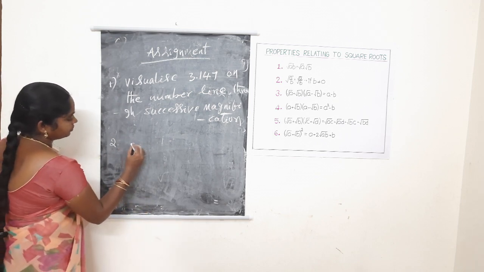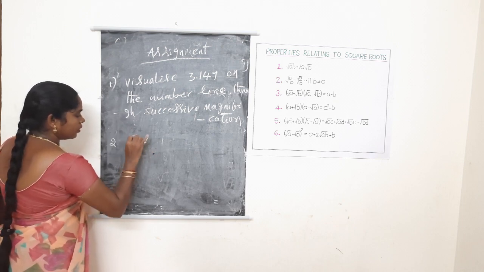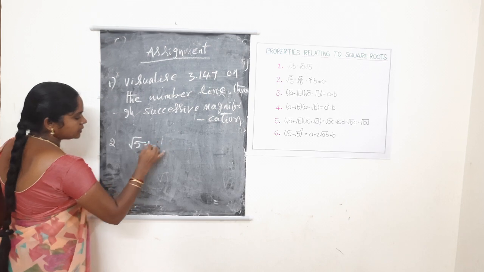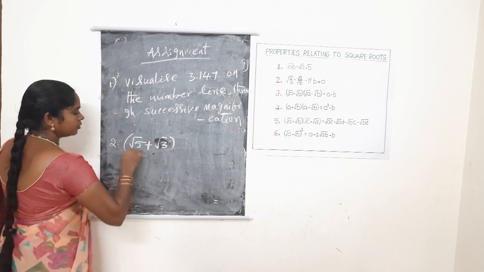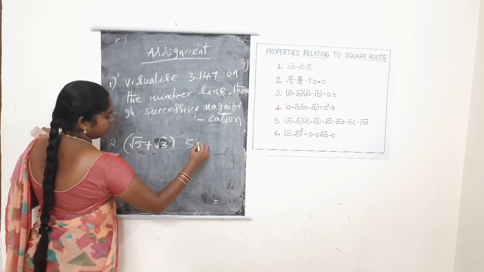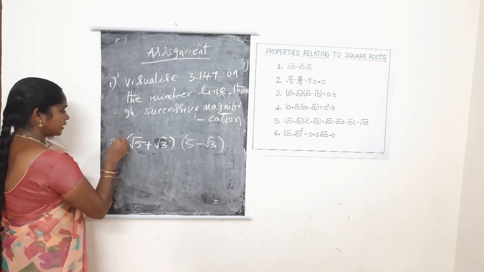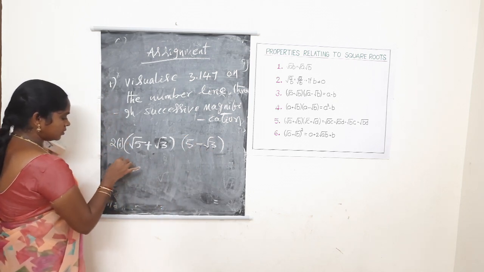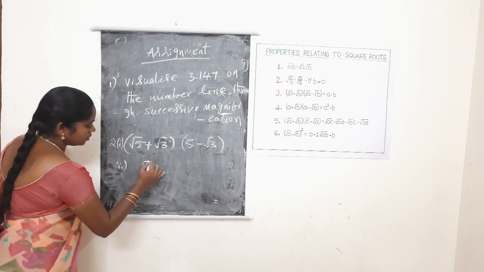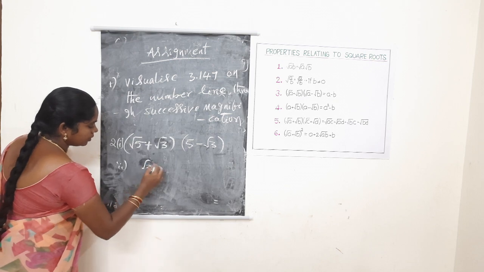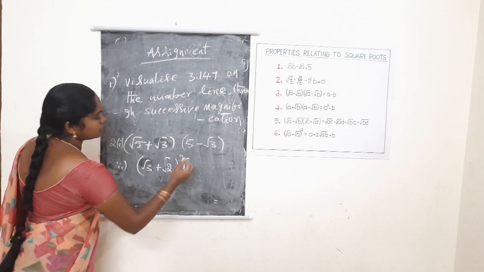Second problem: (√5 + √3) × (√5 − √3). Third problem: (√3 + √2) whole square.